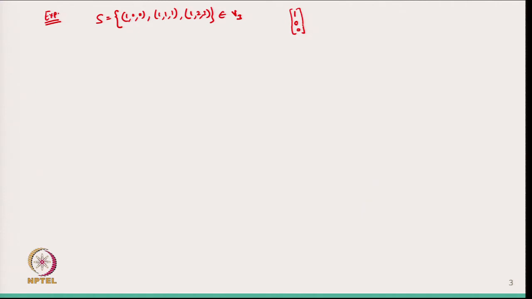So now I take 3 vectors out of V3 and we want to check whether S, the set of vectors, is linearly independent or linearly dependent.